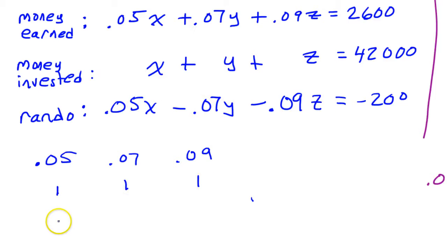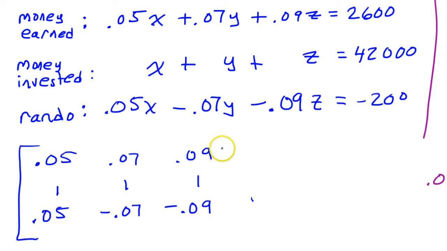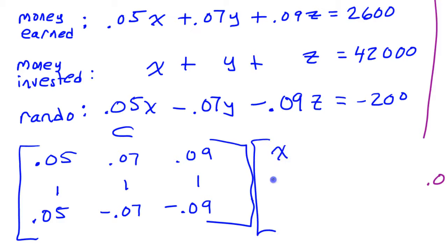And looking at the third row, the coefficients are 0.05, negative 0.07, and negative 0.09. So this is my coefficient matrix. So I'm going to call it C. Next, I put the variable matrix. Our variables are x, y, z.